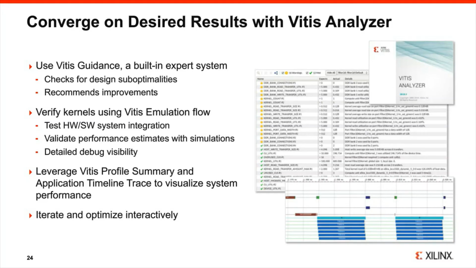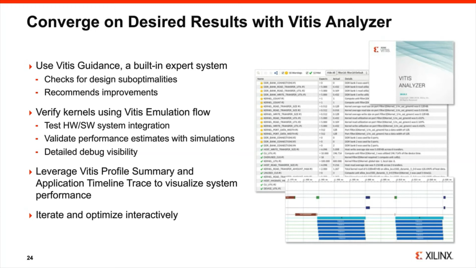We have a built-in tool called Vitis Analyzer, which is a GUI tool that provides a single entry to view different reports, such as guidance, profile summary, and timeline trace. It doesn't matter if you run the design in GUI flow or command line flow.